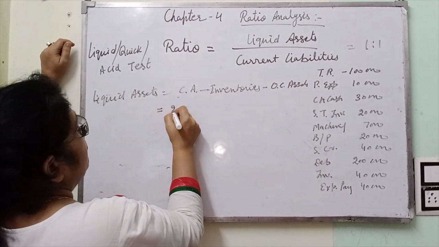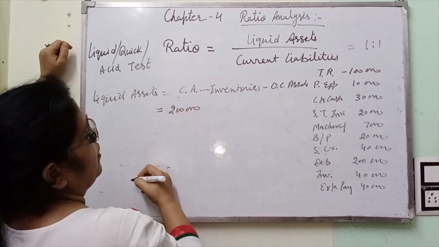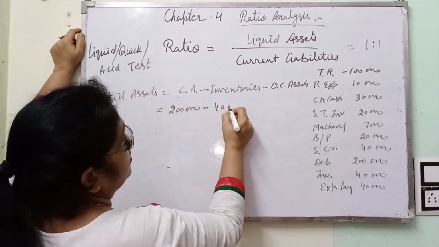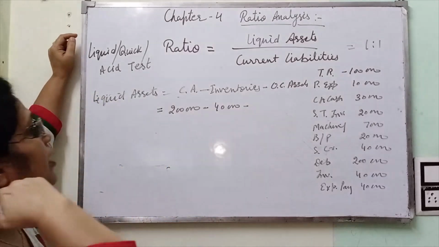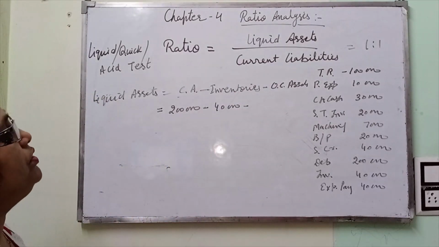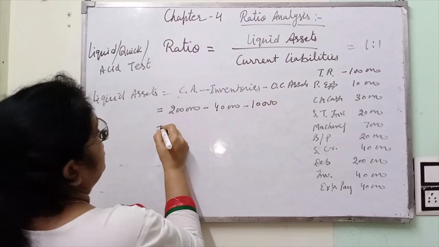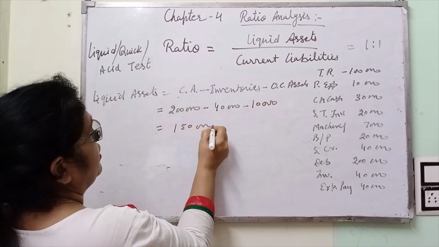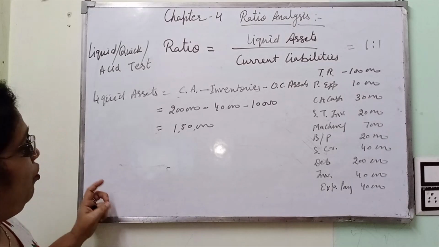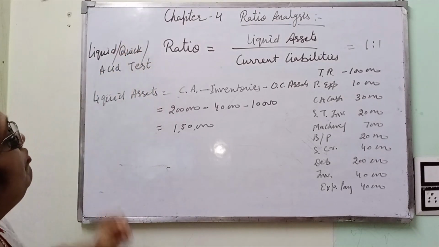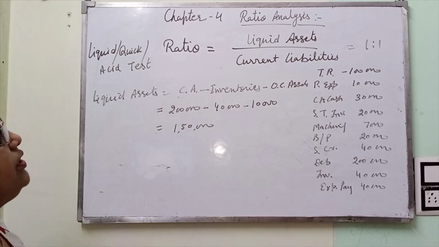In the previous question we have current assets of rupees 2 lakh. Inventories that were given to us are 40,000, and other current assets, which include prepaid expenses, are 10,000. So it becomes 1,50,000.